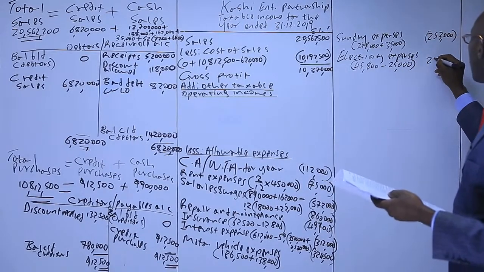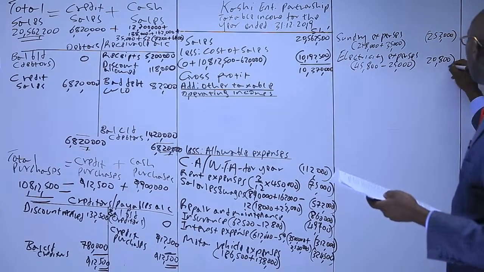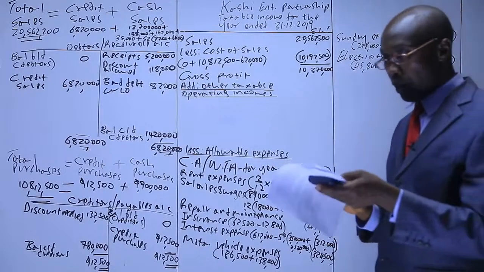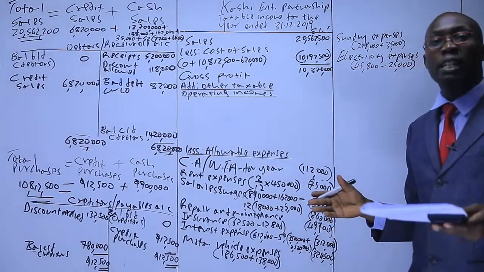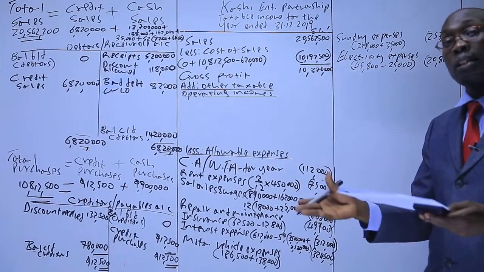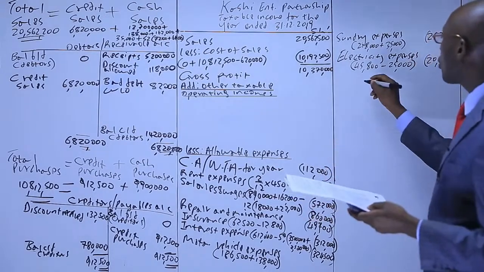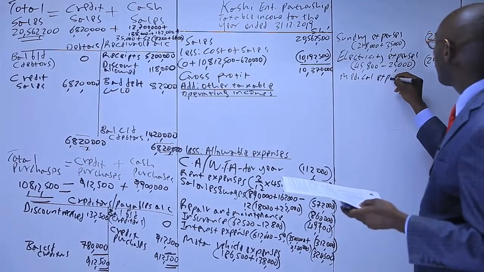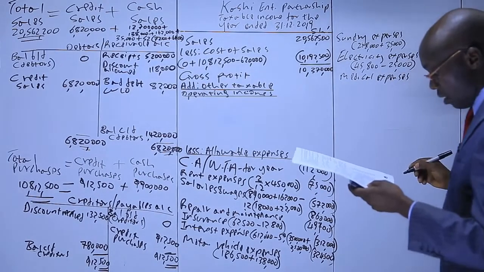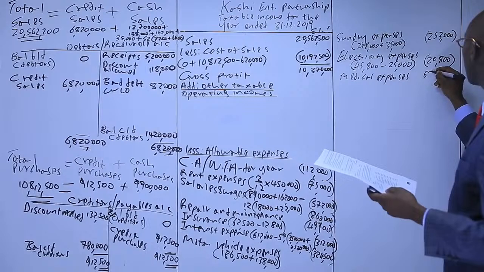That gives us 2,800. Then we go back to where we found that. After the electricity, there is medical expense. Medical expenses are allowable unless we are told it relates to the partner, which we haven't been told. So medical expenses, 630,000.